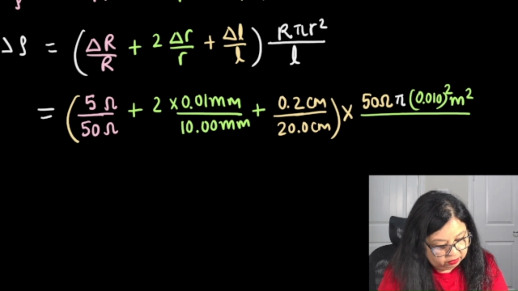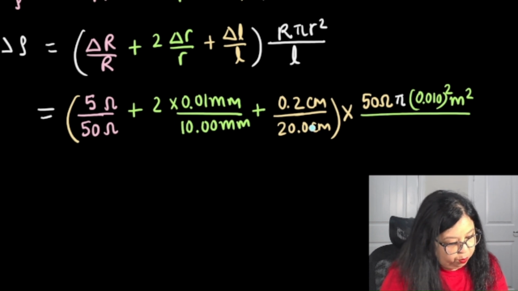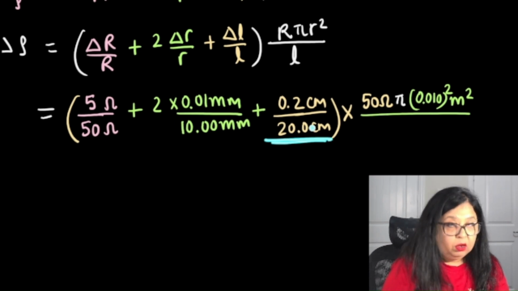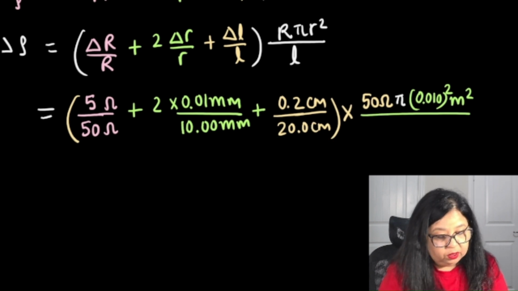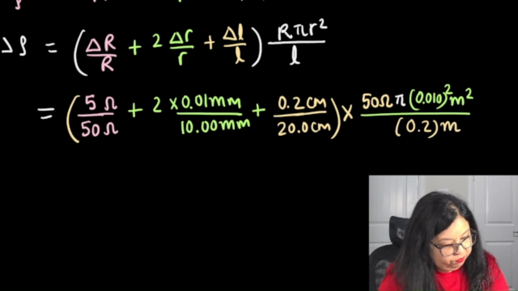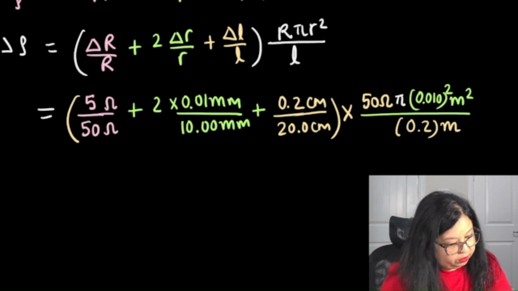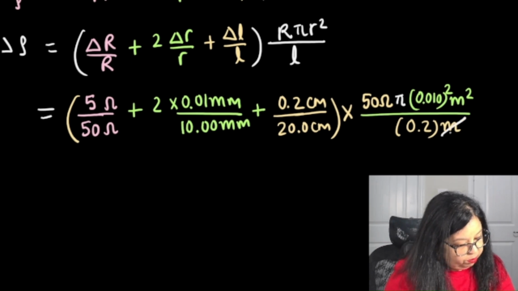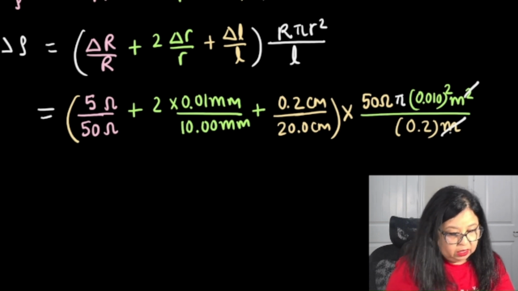L's value is 20.0 centimeters, which in terms of meters would be 0.2. Okay. So very clearly we see over here that one of the meters at the bottom cancels out one of the meters at the top for the resistivity.